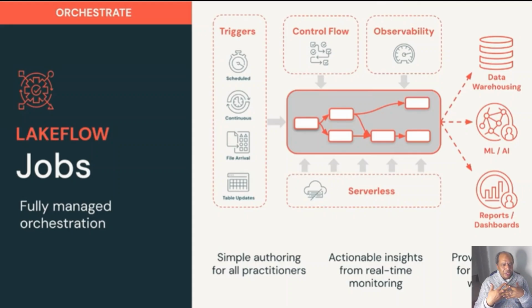And then you have this orchestration mechanism with the control flow, and then using the serverless compute as it goes from end to end. So you have the orchestration from end to end solution here, which is done by Lakeflow Jobs.